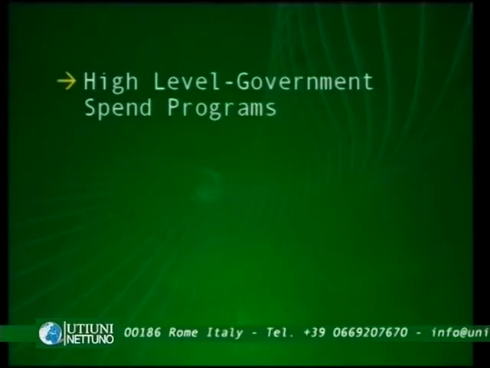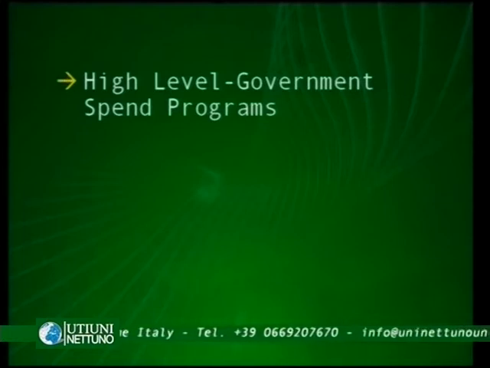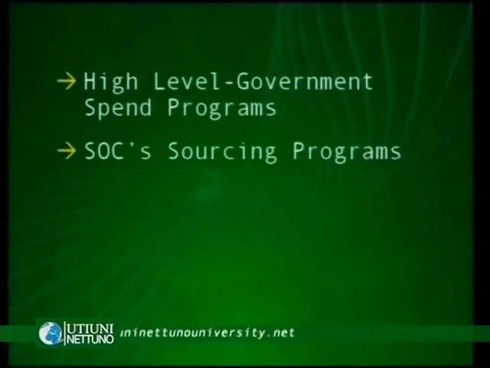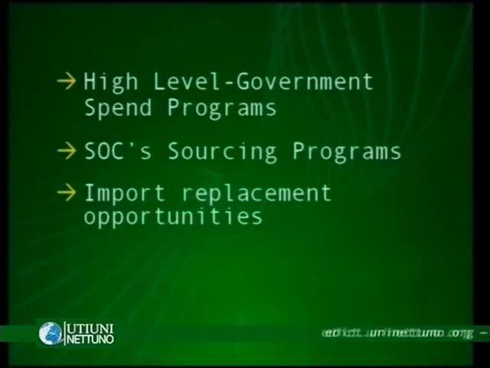If we go back: government spending programs, huge in many countries, developing and developed. The state-owned companies, which are stakeholders, partners of government, could also be seen as government spend, and that's all linked to the government development plans.